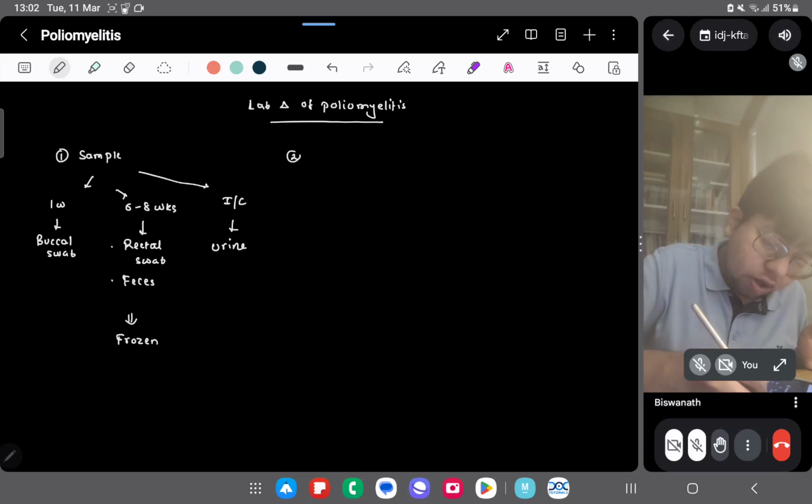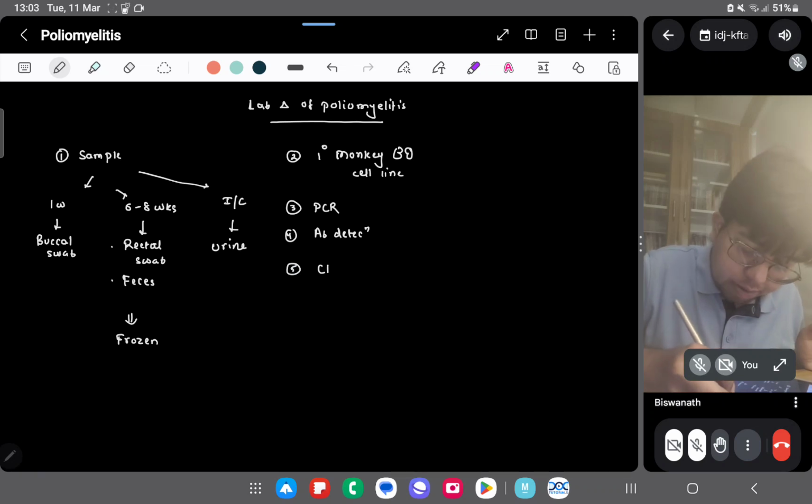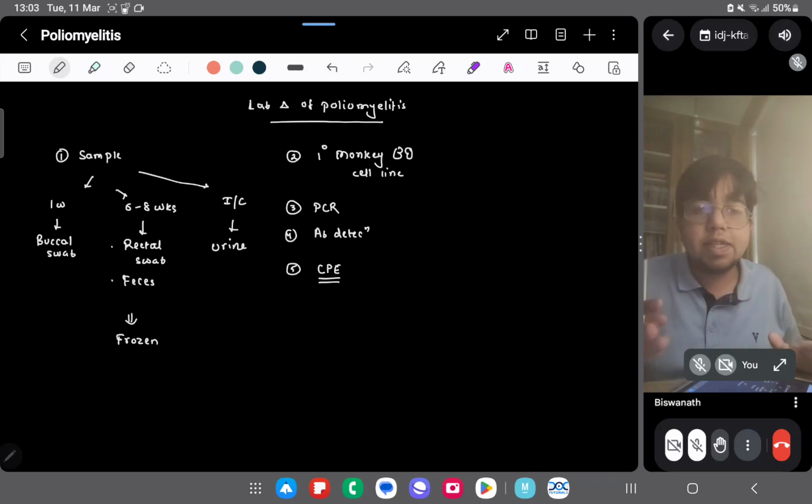You can grow the virus on, I told you, primary monkey kidney cell line, and also you can do PCR, antibody detection, okay? And you can observe the cytopathic effect. Those who don't know what cytopathic effect is, it is the effect produced by the virus in the host cell.